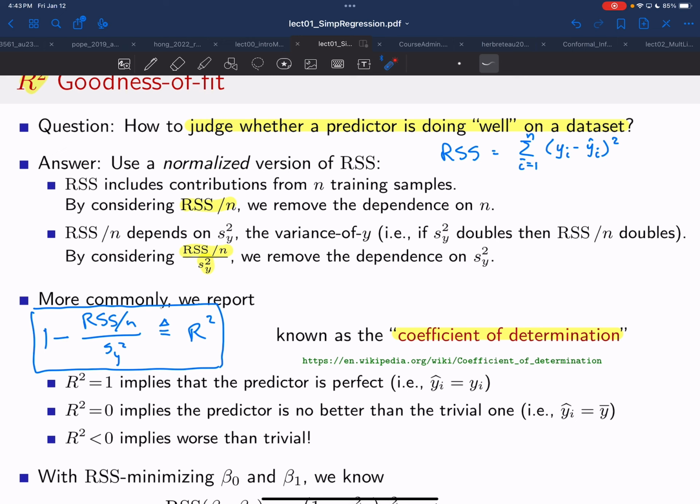Now, what happens when r squared is 0? What does that mean? When r squared is 0, it means that this value is 1. One way of making this value equal to 1 is, let's say that I ignore the xi's. I'm going to call this trivial because I'm ignoring the xi, so I'm not even really doing prediction.